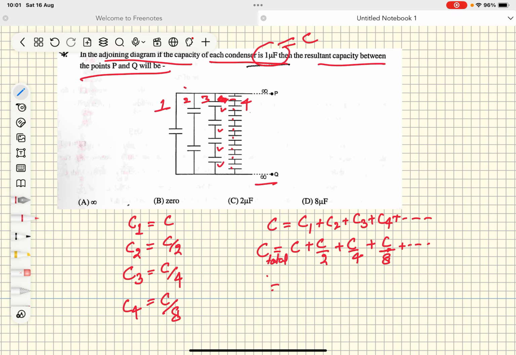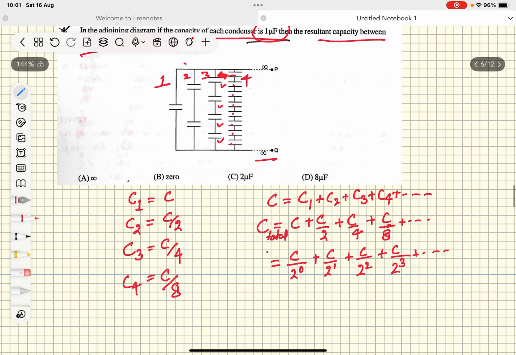We can rewrite C total as C by 2 to the power 0, plus C by 2 to the power 1, plus C by 2 to the power 2, plus C by 2 to the power 3.